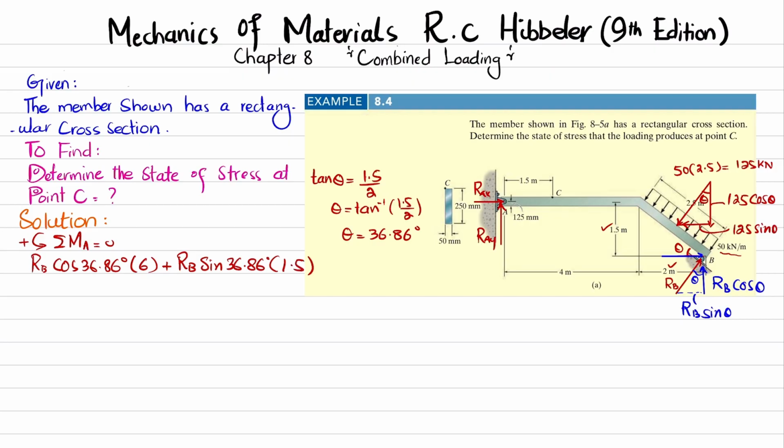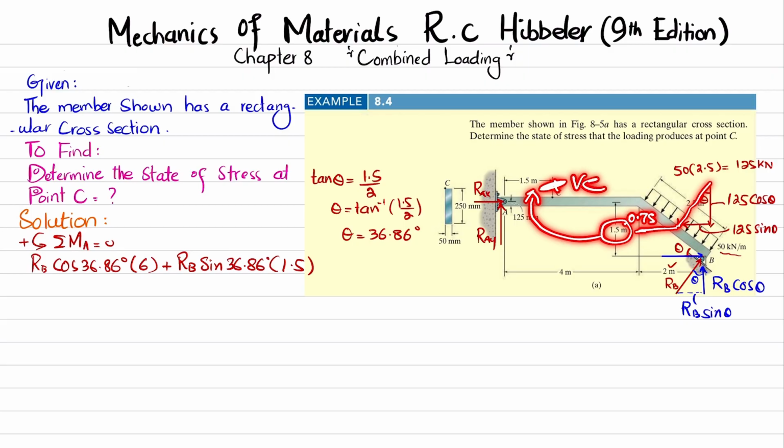Now the another force that is producing moment is this one, and that is 125 into sine of theta, and theta is again 36.86. Since it is acting at the mid, so this distance will be equal to 1.5 divided by 2, which is 0.75, and this will produce clockwise moment, so it will be negative.